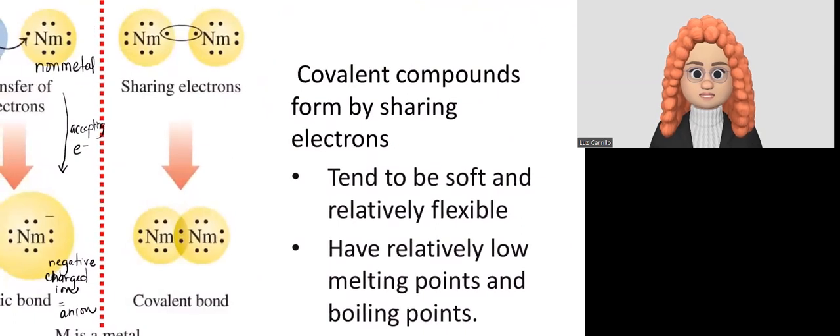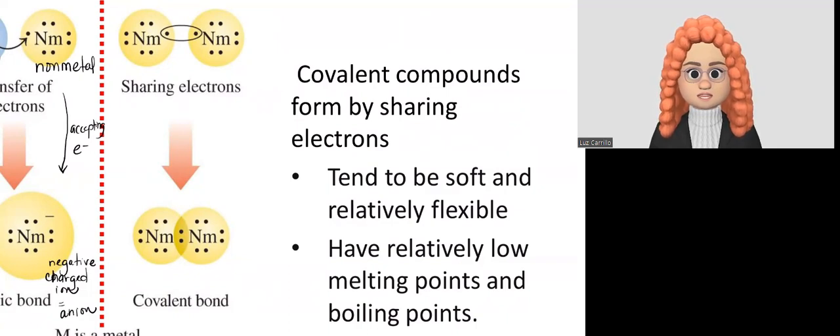So on the right side of that red dotted line, we have an example for how certain elements are going to be combining to form covalent, in other words, molecular compounds. Covalent compounds are formed by sharing electrons.